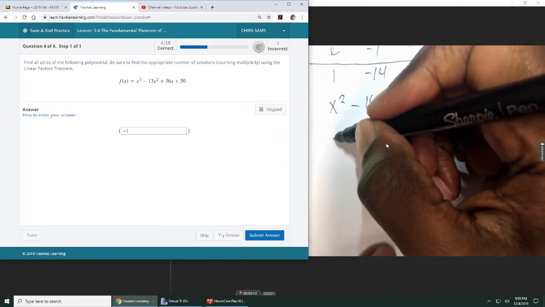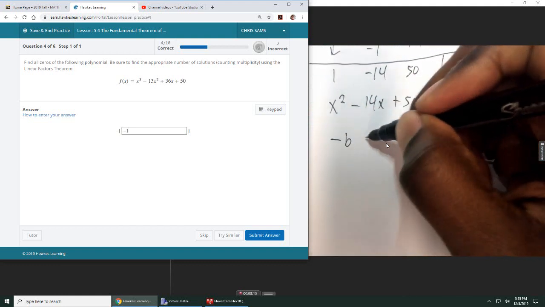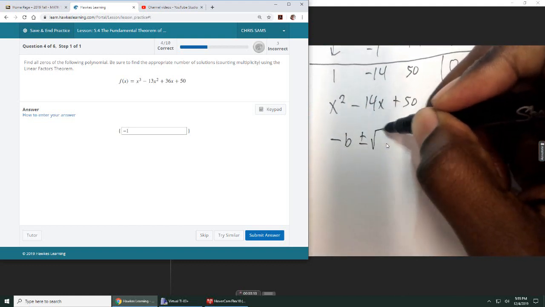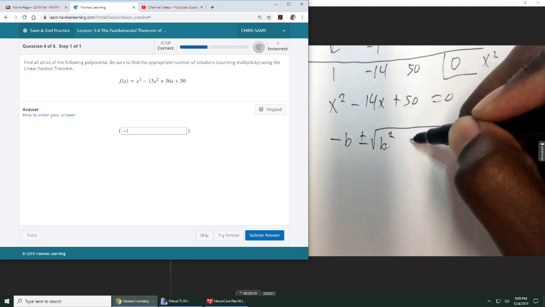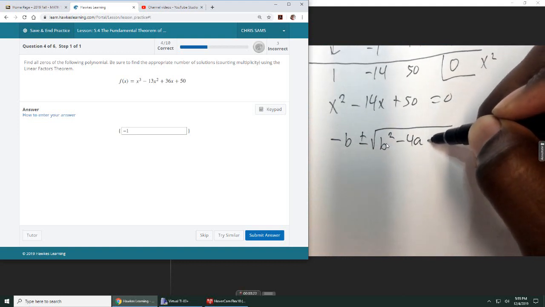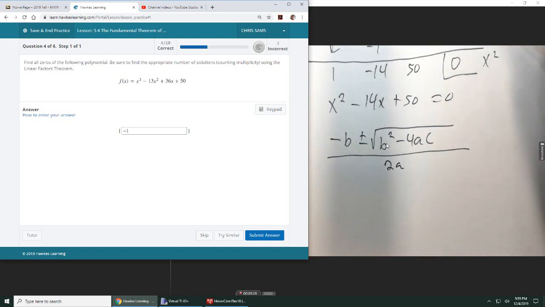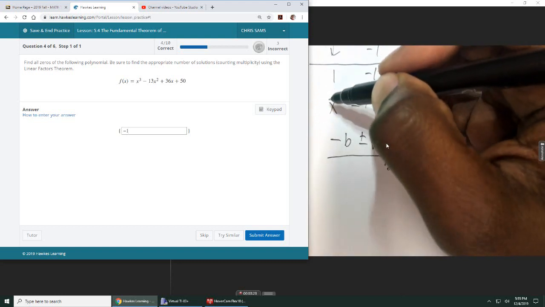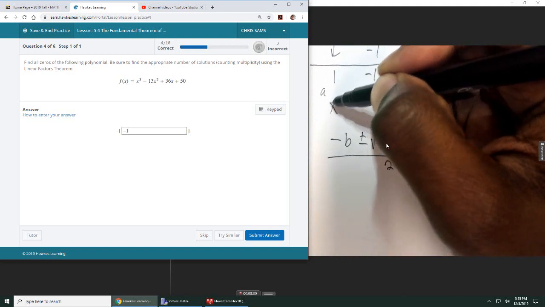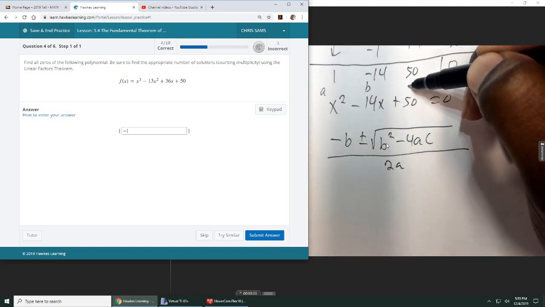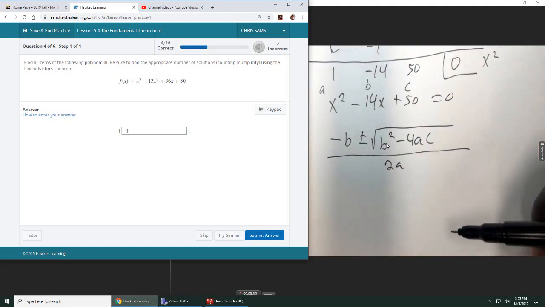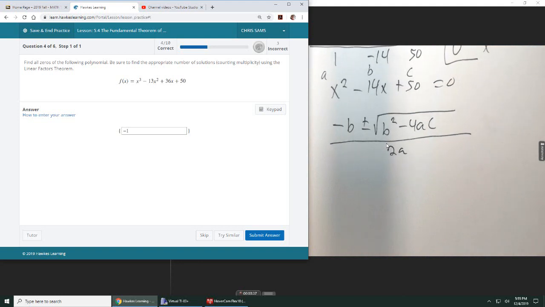So we're going to do negative b plus or minus the square root of b squared minus 4ac, all divided by 2 times a. So we're just going to plug in these numbers where they go. Remember, the front term is a in front of the x squared, middle term is b, constant term is c. So we're just going to plug in the numbers to their respective spots and then solve.